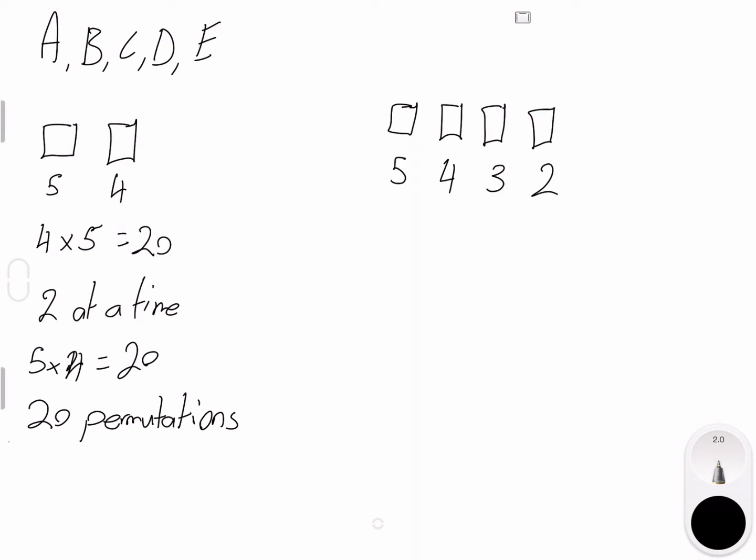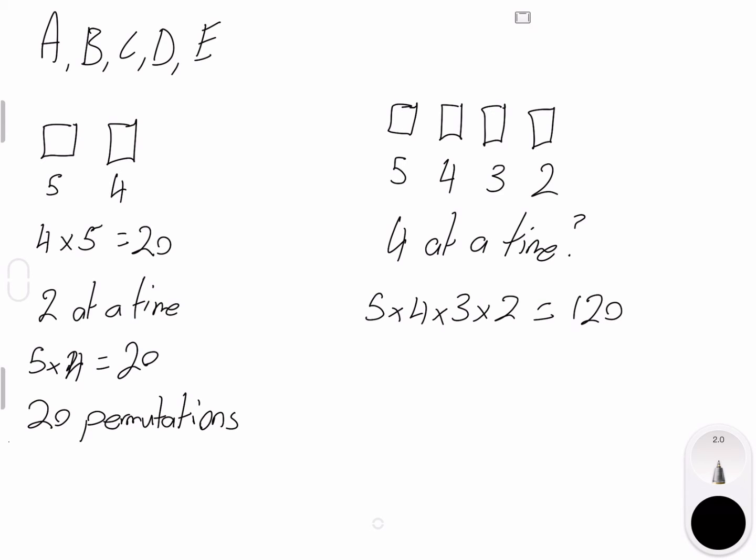So, how many permutations for 4 at a time? Well, this is going to be 5 times 4 times 3 times 2. And this will give us 120. So, if we're picking 4 at a time, it's going to be 120 permutations.